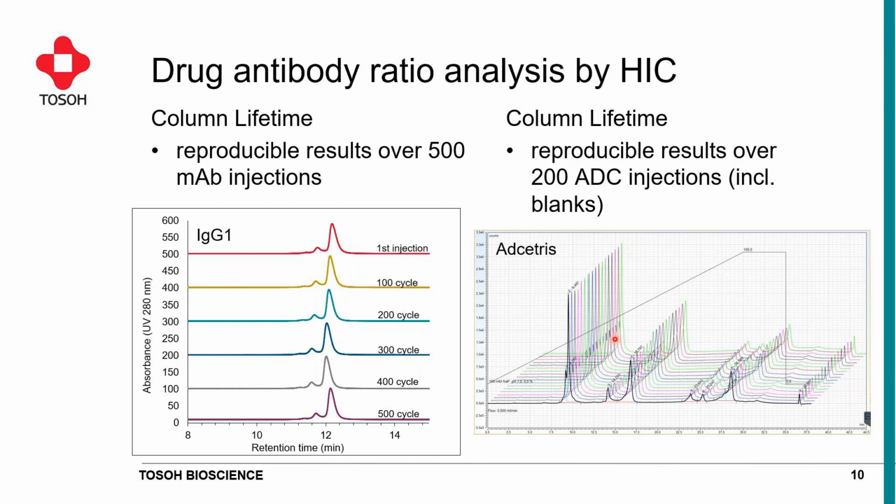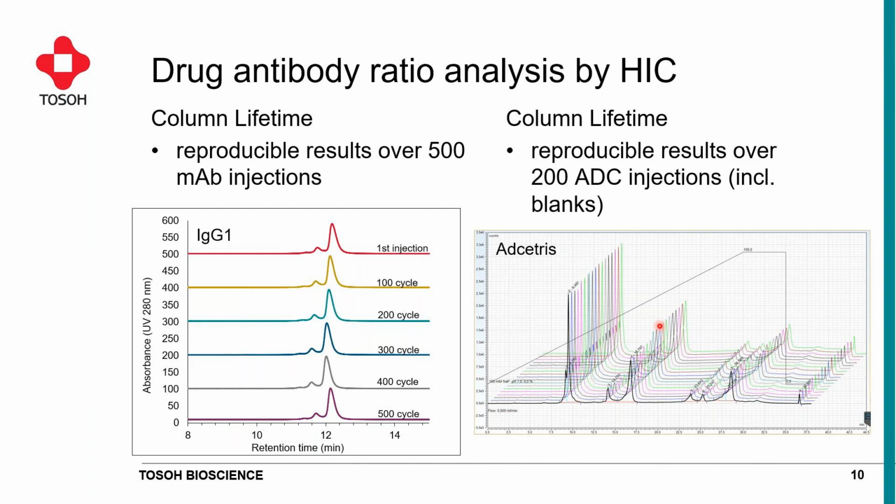But here what we see is that over those 200 injections, we really have a very comparable shape of the chromatograms, meaning for at least 200 injections. We did not test more. It might be it goes up to 500 as well. We see a good repeatability.